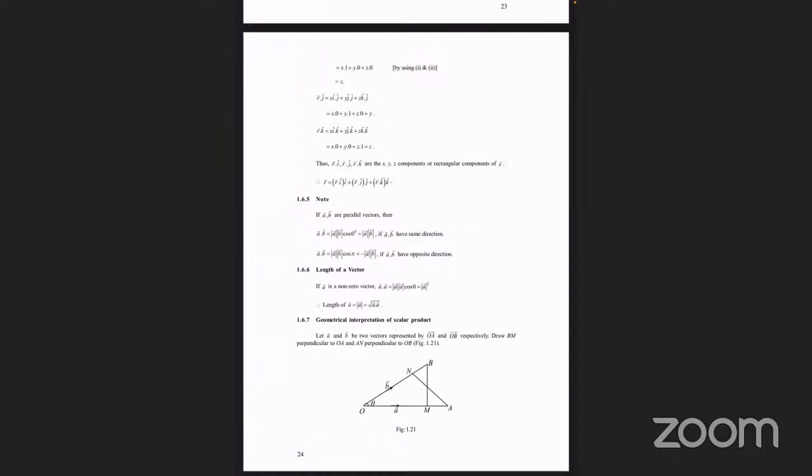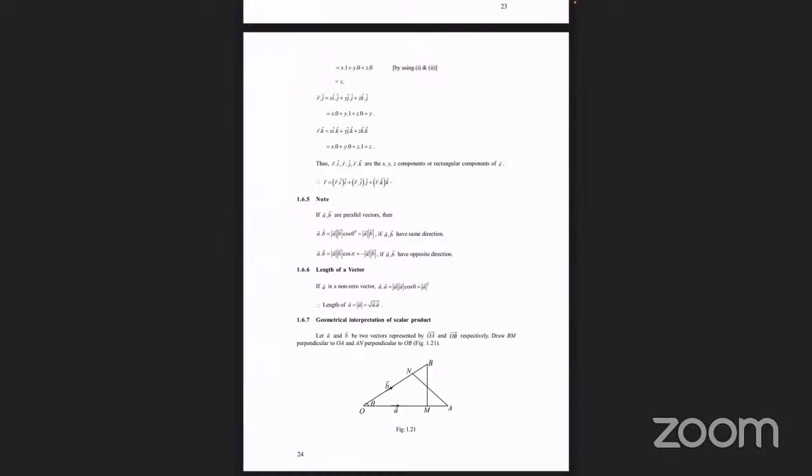So A dot B equals modulus of A modulus of B when the two vectors have the same direction. It equals minus modulus of A modulus of B when they are in the opposite direction. When the two vectors are parallel but opposite, you will have the negative sign, and if they go in the same direction, you will have the positive value.